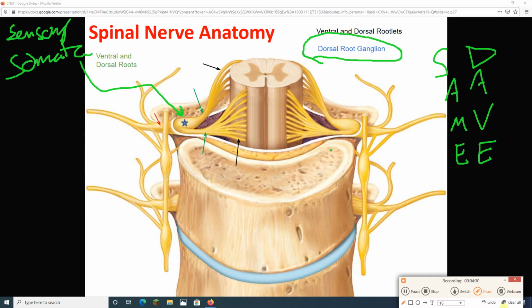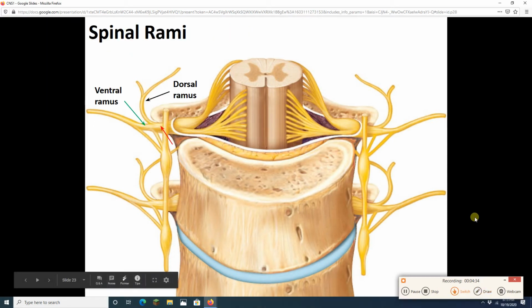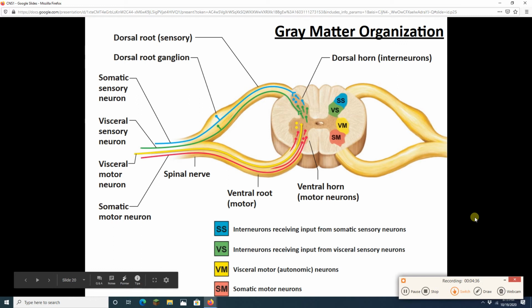If I backtrack slides for a moment, there we go. Last time we met, we talked about how sensory neurons have their axons going into the dorsal horn of the cord. Well, these are unipolar neurons. So the axon goes along, and the axon passes by the cell body. The cell body of the sensory neuron is in this swelling right here, which is called the dorsal root ganglion.